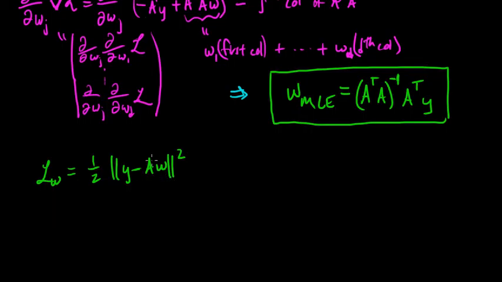So minimizing this is the same as minimizing just the norm, the square root of that. This is the Euclidean norm. This is the Euclidean distance between y and Aw.